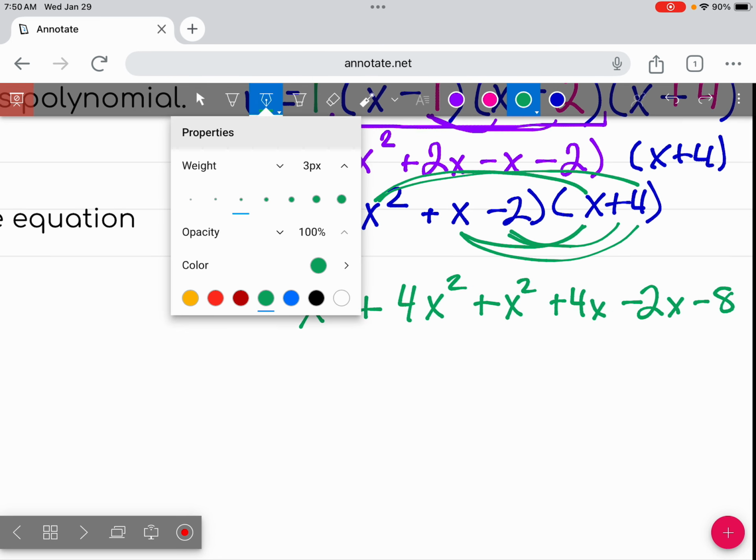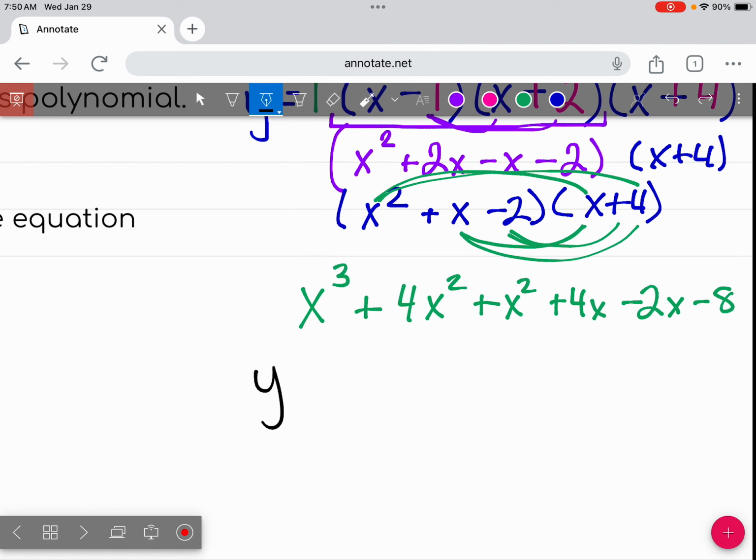And we're almost done. Oh my gosh. Because our standard form of this equation, all we got to do is combine our like terms. Make sure we are in biggest to smallest order. So we're going to have our positive x cubed. Our 4x squared plus x squared gives us 5x squared.